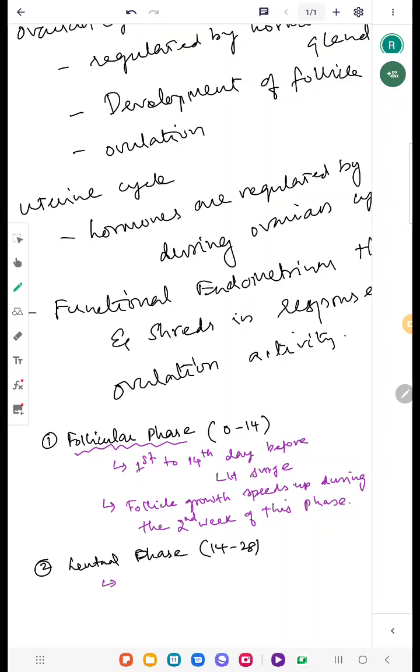Then the luteal phase is the phase from the day of ovulation, from the day of the LH surge until the beginning of the next menses.